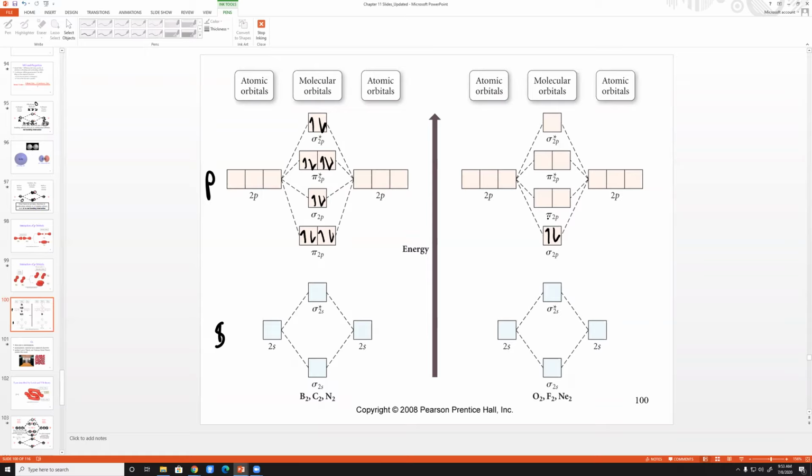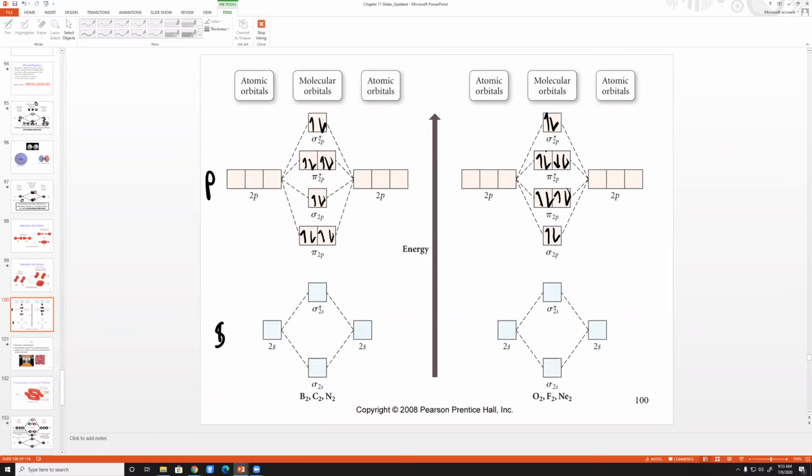So you go 1, 2, then you have a double bond, or two pairs of electrons possible with your p orbitals, your pi electrons in your 2p orbital for this case. Then you would go 1, 2, 3, 4, and then 1, 2, 3, 4, 5, 6, like that.